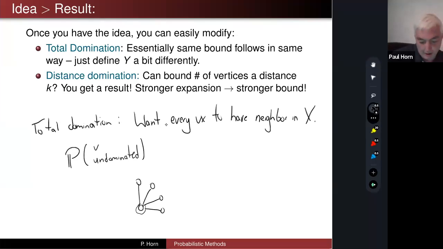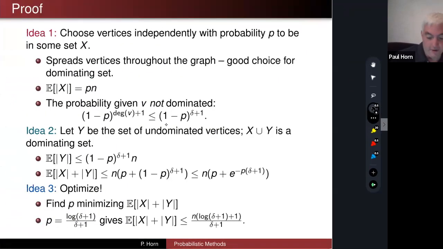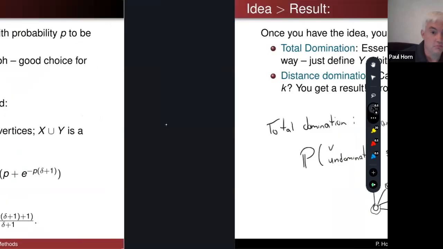So what does it mean that I'm not dominated? It just means that I got tails on all my neighbors. So I get something like (1 minus p) to the delta instead of delta plus 1. That's actually the only difference between these two.